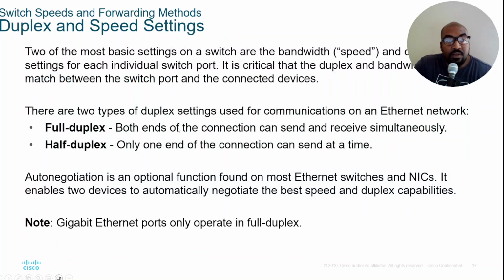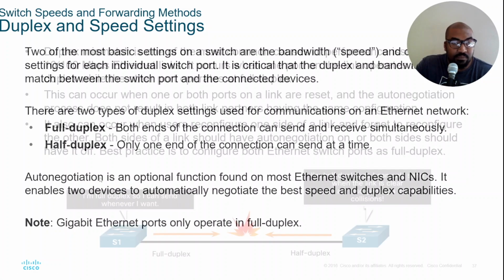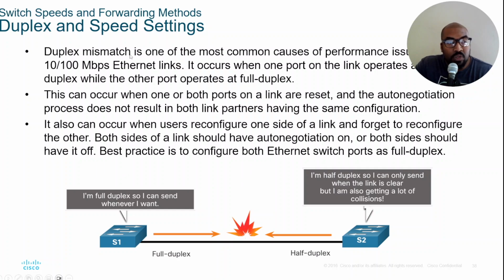Two of the most common basic settings on a switch: we have full duplex. Again, going back to the highway in my previous video, with full duplex, things are able to move on both highways as fast as possible. And again, half duplex, only one end can send at a time. Duplex mismatch is one of the most common causes of performance issues, so make sure that the information is correct.